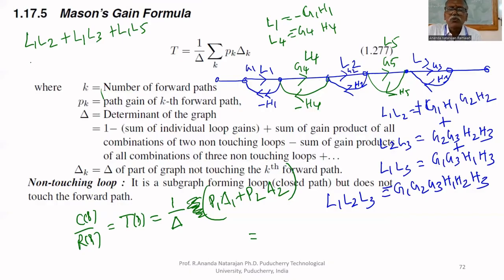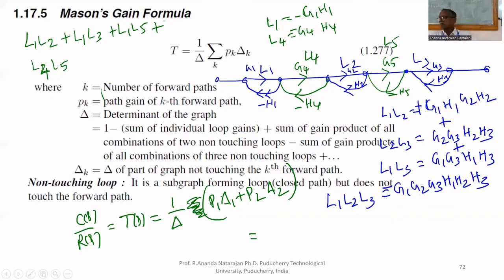Then take L2: with L3 already written, L3, L1 already written. Only thing is L4, L5; if you take, they are not touching. Am I correct or not? Only one more group you are getting.